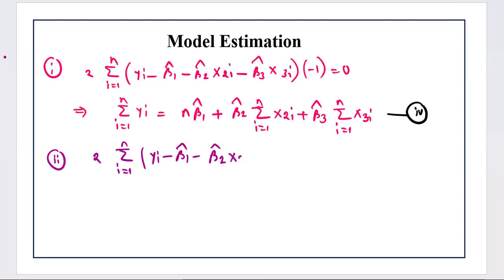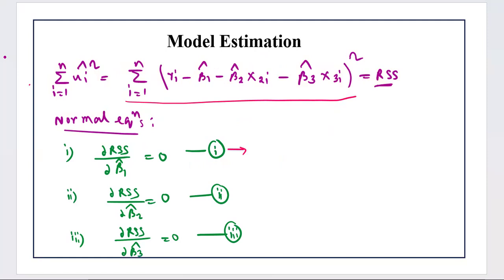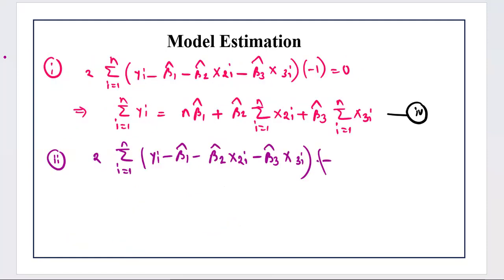Here you will have summation yi x2i, and you put the rest of the things on the right hand side.